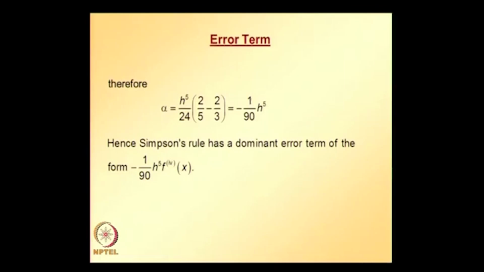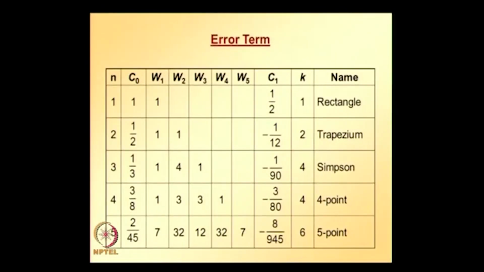So to summarize, the integral between the limits a to b of f(x) dx can be approximated using these Newton Cotes rules using this formula. The second term of this formula is associated with the dominant error term for that particular rule, and the constants C naught, W's and C1, all those details are given in this table.